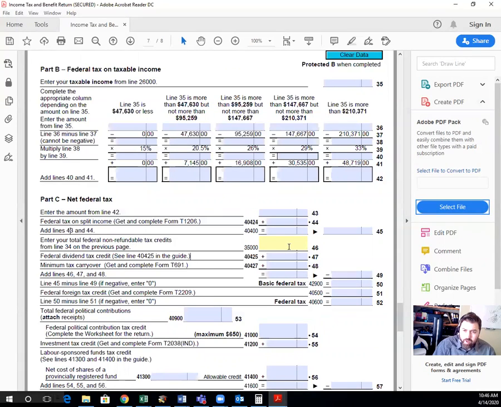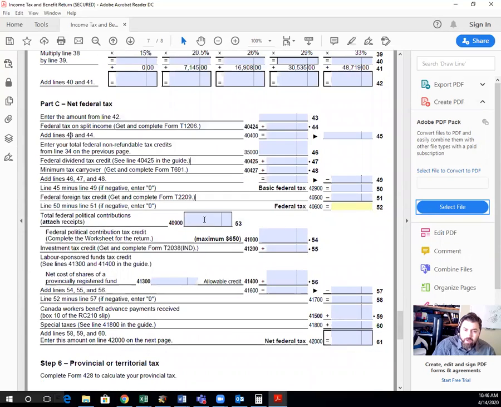So now we're going to sum up our tax credit deductions, put our federal dividend tax credit in here, maximum tax carryover, which was not a part of this course, add lines 46, 47, 48, put that in here, subtract our tax from our total tax credits. We have our basic federal tax credit. Then we have a federal foreign tax credit, which we haven't taken in this course. Line 50 minus 51 is our federal tax.